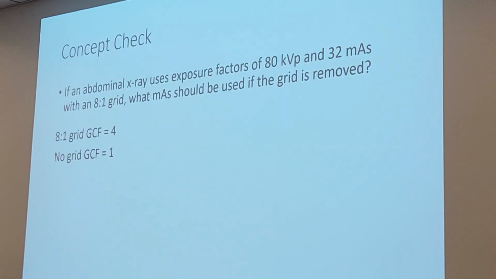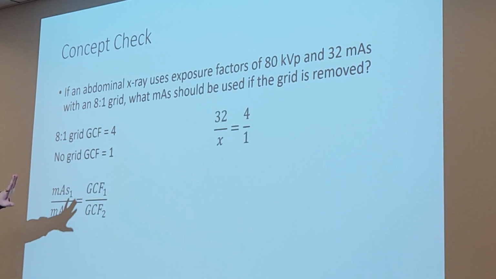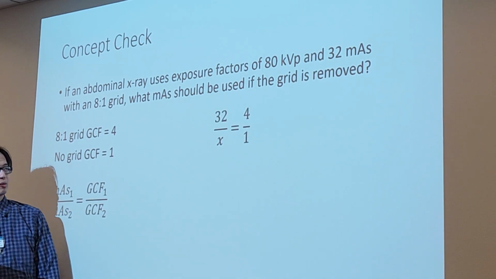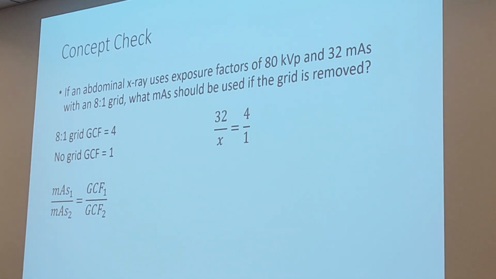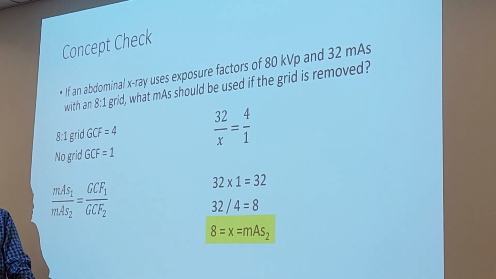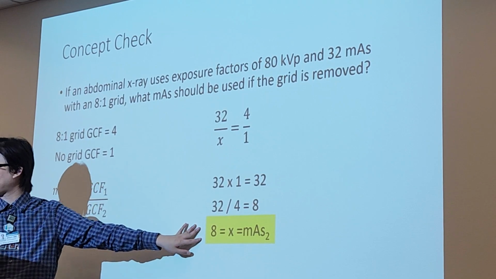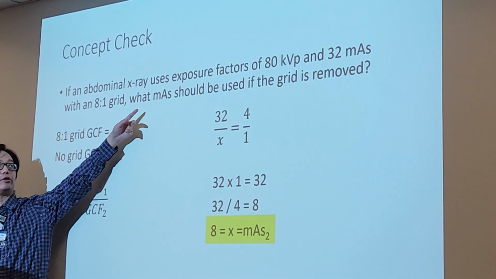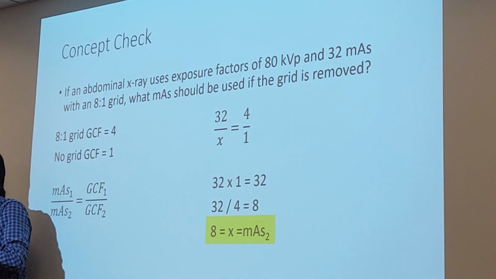So we throw it into our equation here. It's just mass 8 by 4, so basically we're going to divide by 4. And we end up with 8 mass. So we're trying to find our new mass without the grid.